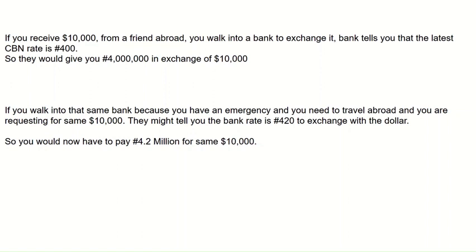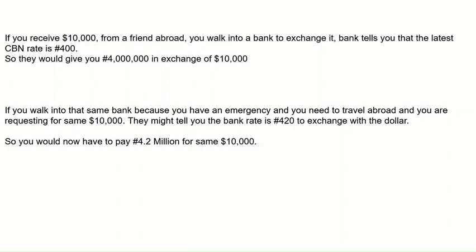let me explain again. If you receive $10,000 and walk into a bank, they exchange it for you at the rate of 400 naira. The 400 naira is the bid price because it is the price that the bank is buying the dollar from you. Now, if you want to collect the dollars back, they might tell you the exchange rate is now 420 naira.